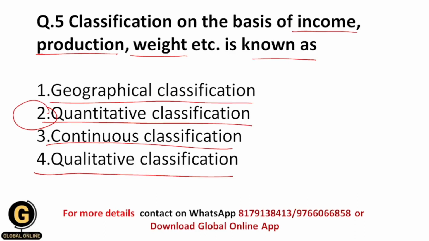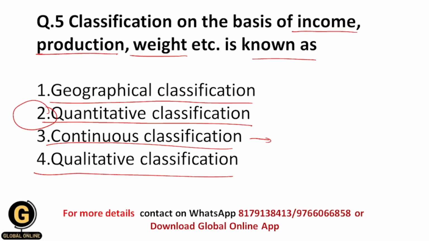What is geographical classification? It means it is related to some area, for example a country, a state or a city. Continuous classification means a continuous series, for example the temperature over a whole day, or the height of a particular person, which is increasing day by day.